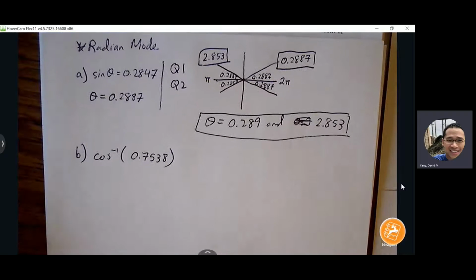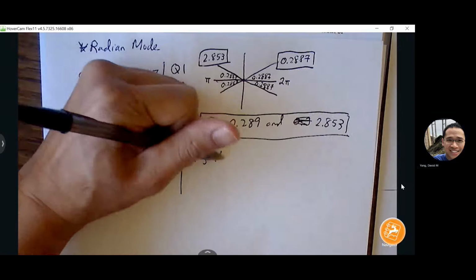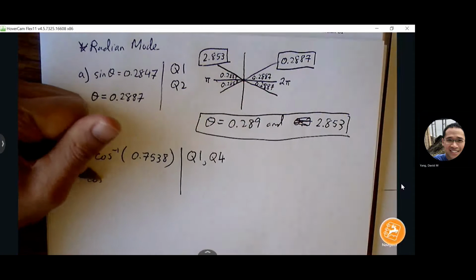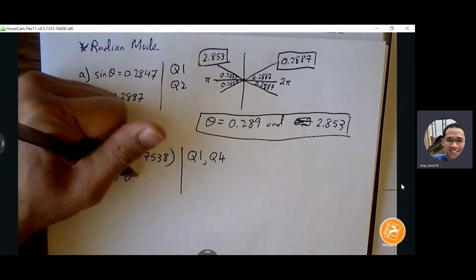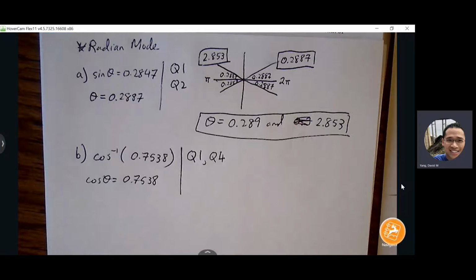Okay, cosine is positive. Where's cosine positive? 1 and 4. Okay, calculator. Inverse cosine.